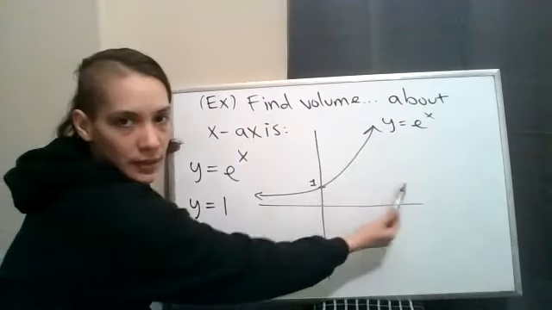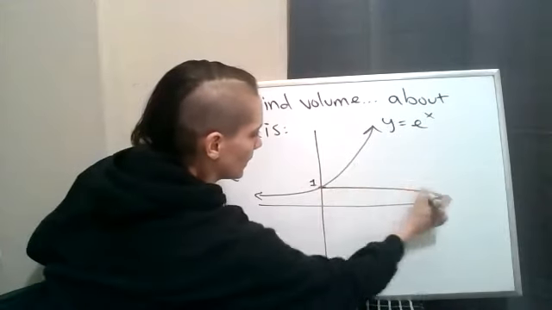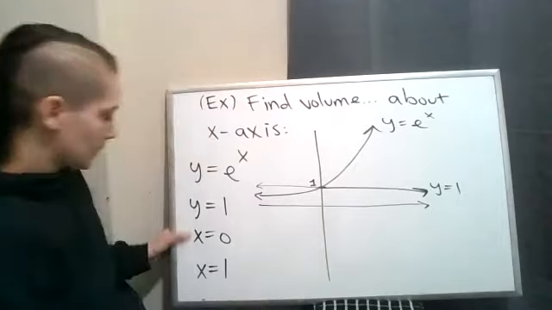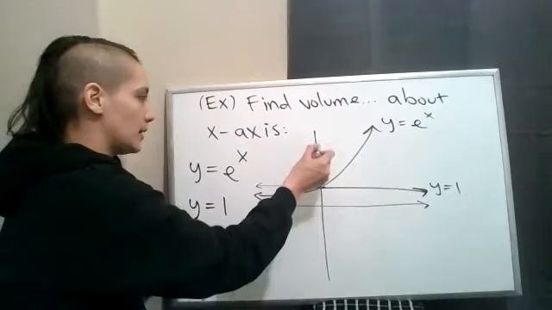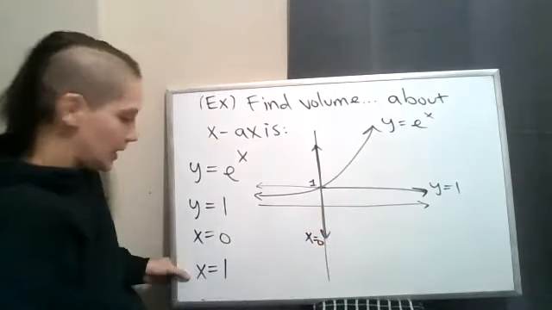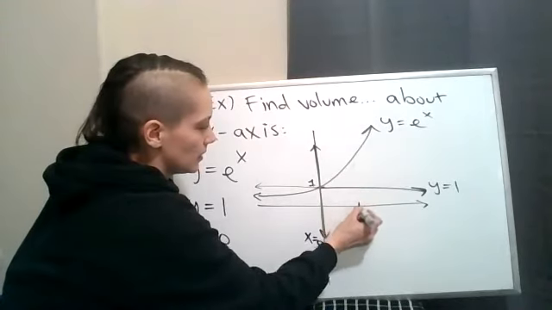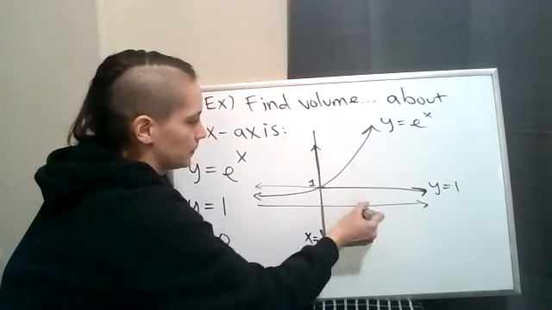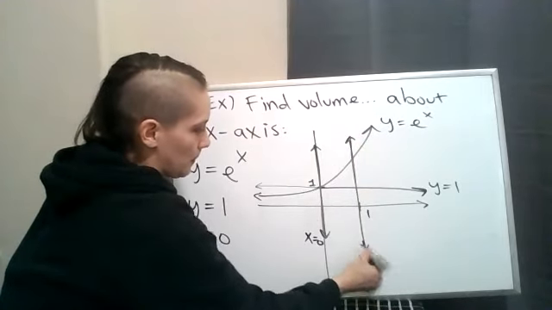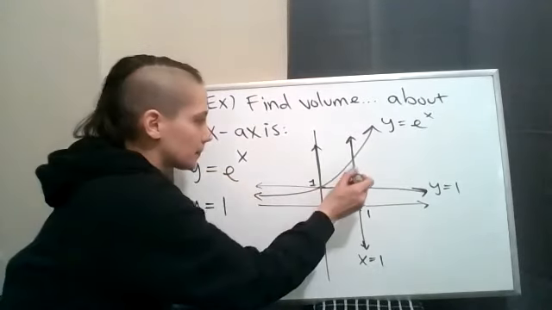And then y equals 1 will go horizontally like that. X equal to 0 will be here, and x equal to 1. So it's that piece right there.